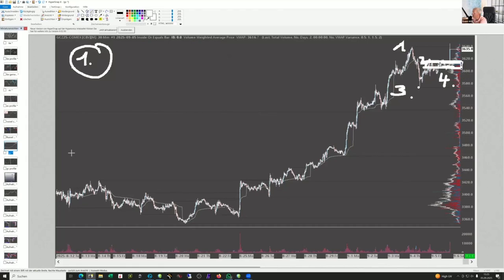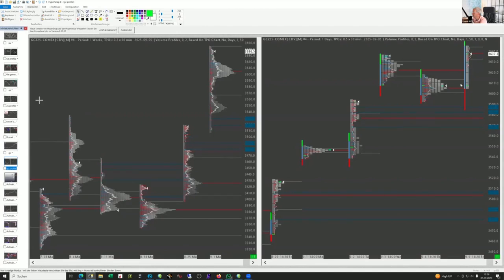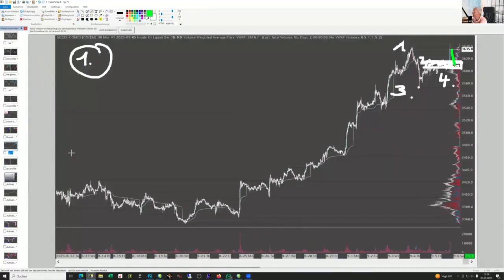For me this location is also interesting because here came the single print and also here was supply and demand. And I will look at what happens when the market goes back to this location, this zone, for example, and then I must decide: go long again, or did we go deeper? If we go deeper, I think number 4 is not interesting. This is the next interesting zone we can react to.